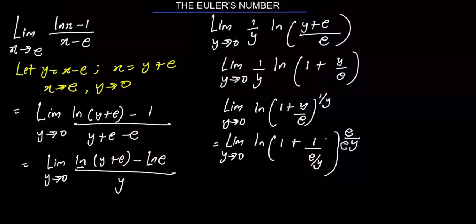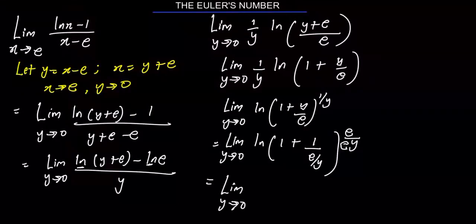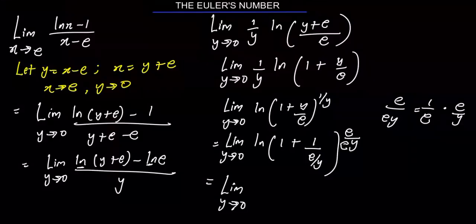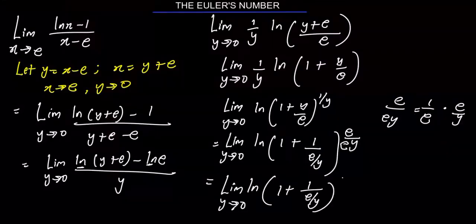So, take note of something. What I have here, limit as y tends to 0, is e over ey. Now, see something. I can write e over ey as 1 over e times e over y. So I can write it as limit of ln 1 plus 1 over e over y, then I have 1 over e times e over y.